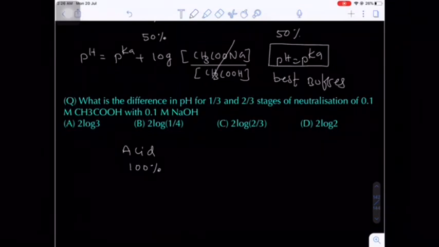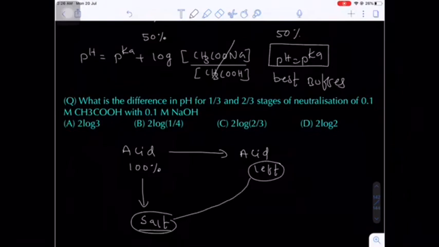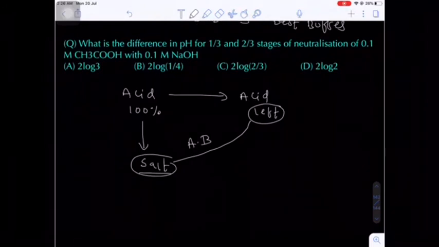Now the acid combines with a base. Initially the acid will be 100%. Out of 100%, some part of the acid will be neutralized and some part of the acid will be left. How much of the acid will be neutralized, that much salt will be formed. Yes or no?